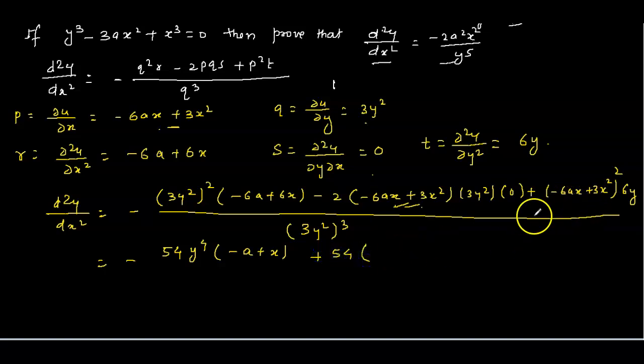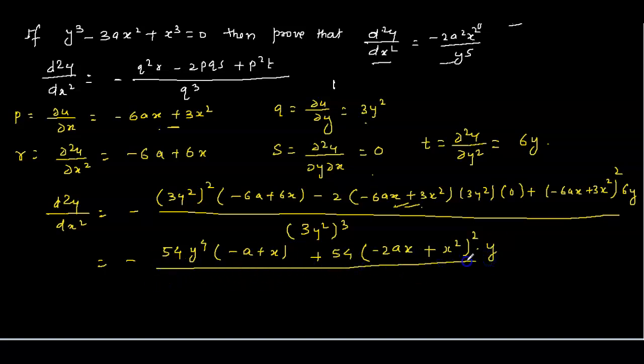This one minus 2ax, and 3 is already common here, so it becomes only x squared to the power of 2 into 1, divided by this one: 3 3 is 9, 9 3 is 27 y to the power of 6. So now y and this 54 we can cancel here. We can take one y common in the numerator and cancel it.